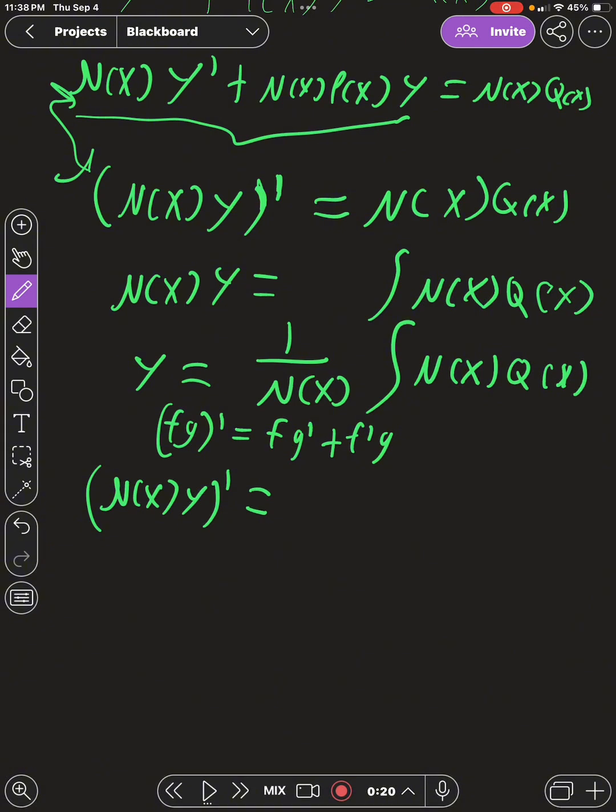So if we use that simple product rule from Calc 1, we get mu of x y prime, plus mu prime of x times y.